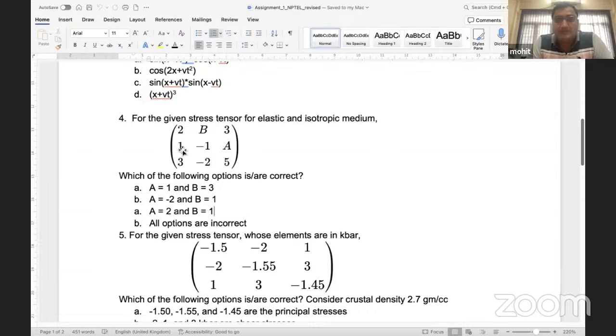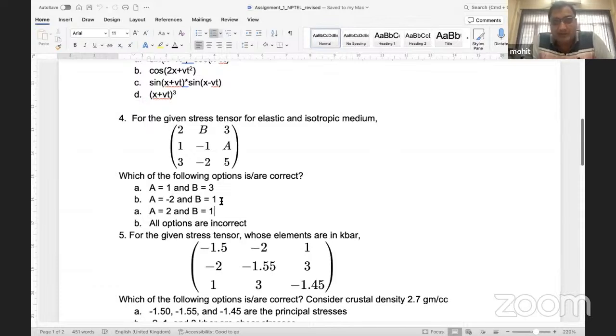So 1 will be equal to B and minus 2 will be equal to A. If you look at the options, A equal to 1 is not correct. A equal to minus 2 and B equal to 1 seems correct. So option B is correct.